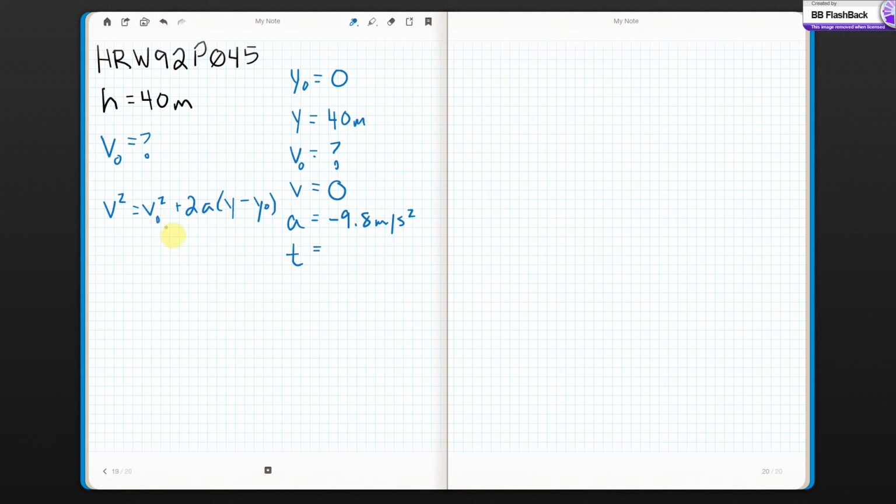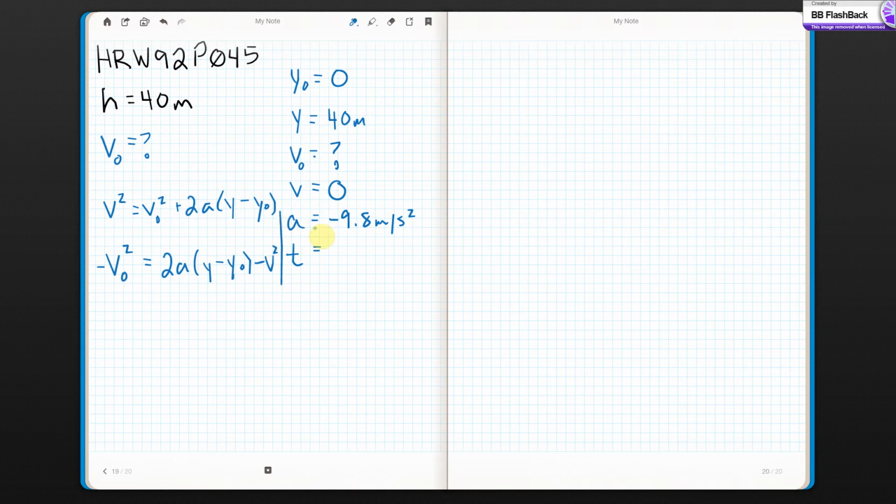If I move this to that side and this to that side, I get negative V naught squared on this side, and minus V squared over there. I'm going to leave that negative there just because it annoys me.